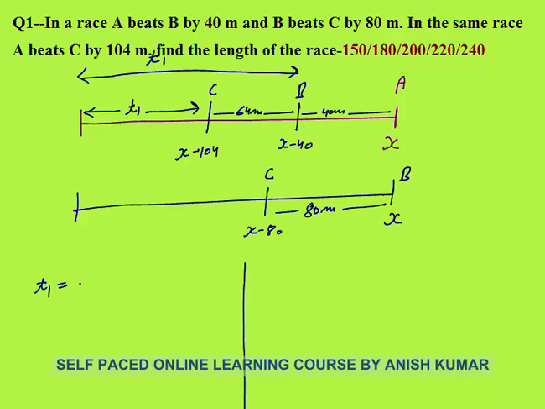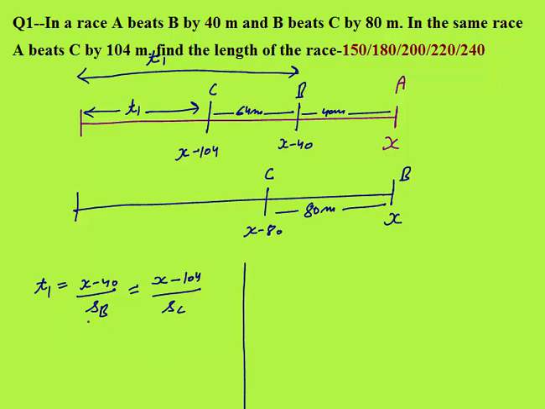Distance B covered is x minus 40. Speed of B is SB. C covered x minus 104 distance and C speed is, let's say, SC. From here you will get the ratio of speed of B upon speed of C as x minus 40 upon x minus 104. This is the first equation.